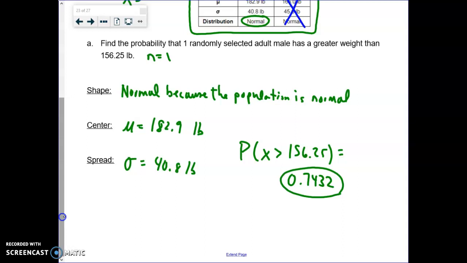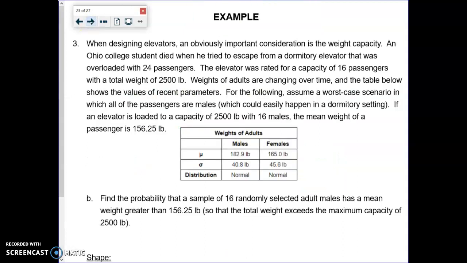Now let's go to the next one, part B. Everything's going to be the same. We're not looking at females, but this time we're going to say, find the probability that a sample of 16 randomly selected adult males has a mean weight greater than 156.25 pounds, so that the total weight exceeds the maximum capacity of 2,500 pounds.